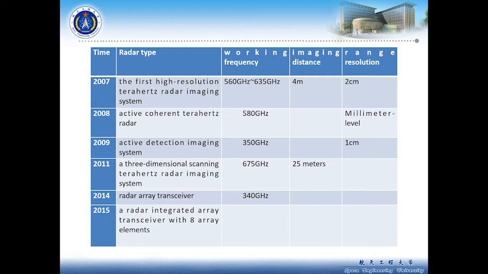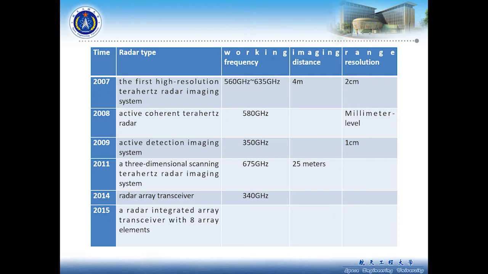In 2011, the radar type is a three-dimensional scanning terahertz radar imaging system. Its working frequency is 675 GHz. The imaging distance is 25 meters.